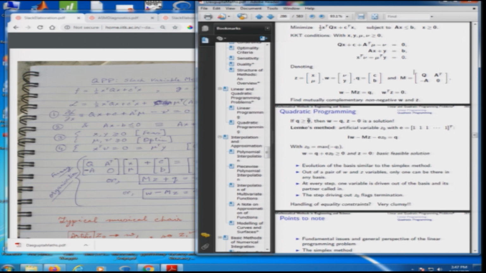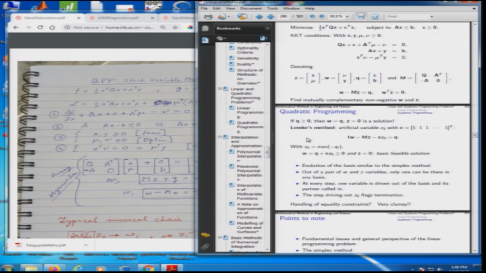So, if q is non-negative, you have got a solution immediately in hand: w same as q, non-negative, and the corresponding z is 0. So, you are done.